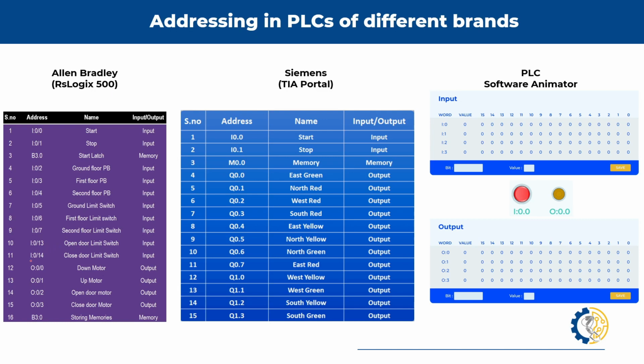Outputs in Allen Bradley are O. With our software, again, input, module number, and point number. So then, knowing the reason for my nomenclature is going to be very easy to assign the directives or directions for our devices for any PLC brand.